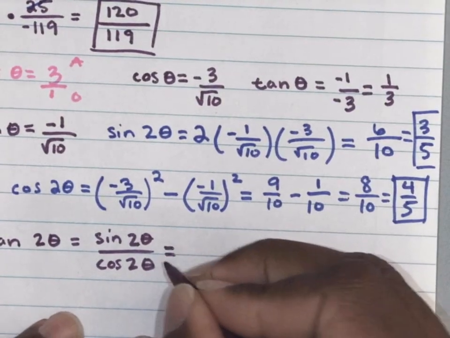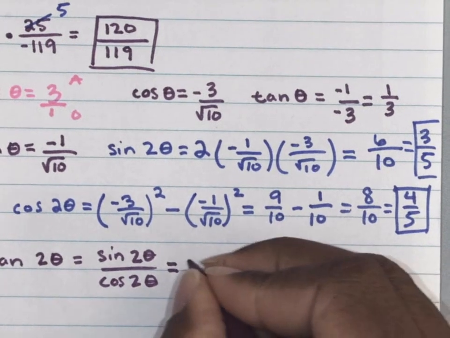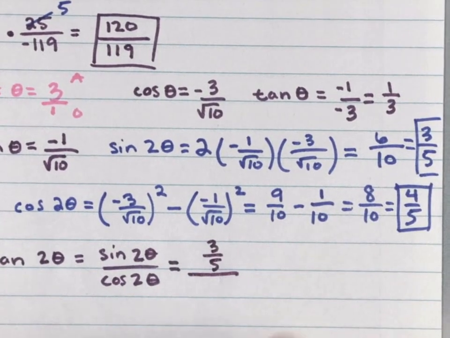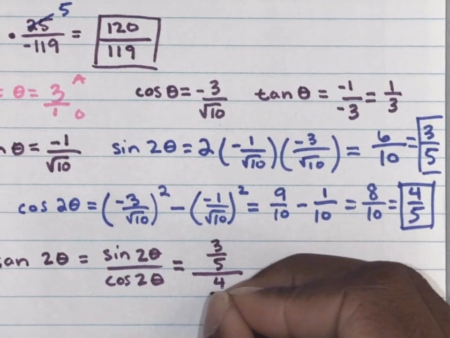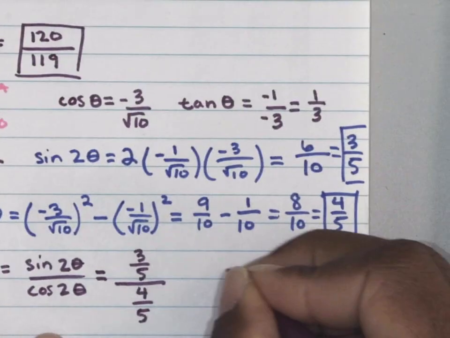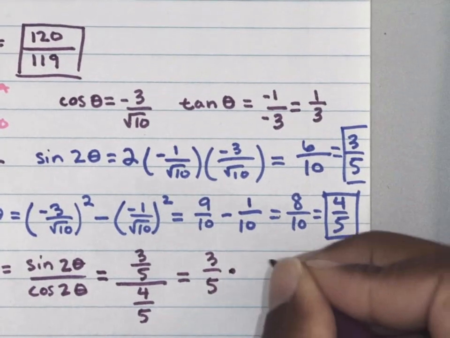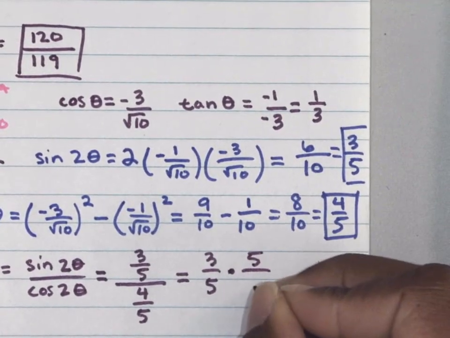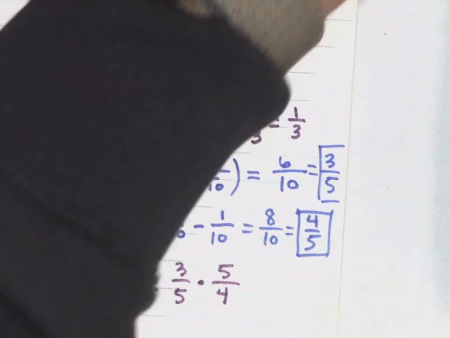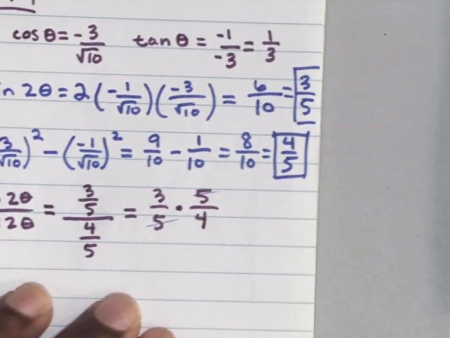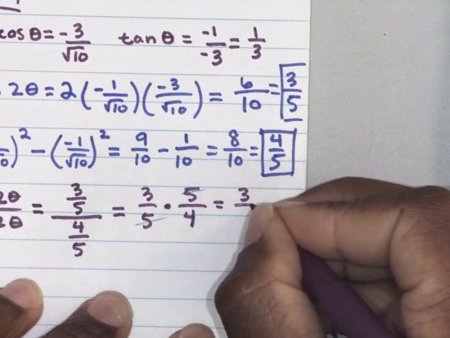So we've already done the work to get sine. We saw that sine was 3 over 5 divided by cosine's double angle, which was 4 over 5. We're going to keep the top, and then we'll change the multiplication, flip the bottom. The 5's cancel, and we've got 3 over 4.